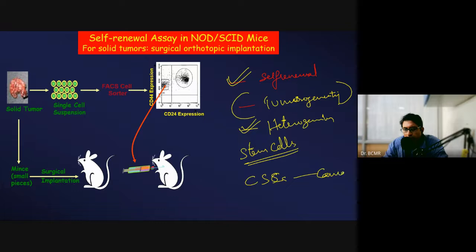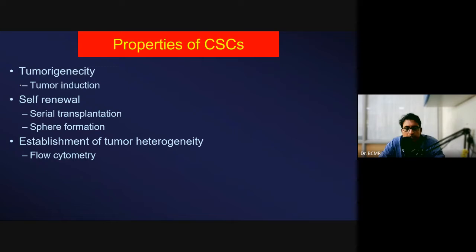They take biopsies of tumors and try to culture them. In that process, to prove each of these properties, we have discussed several techniques involving FACS, serial transplantation, in vitro methods, in vivo methods, and so on, right?